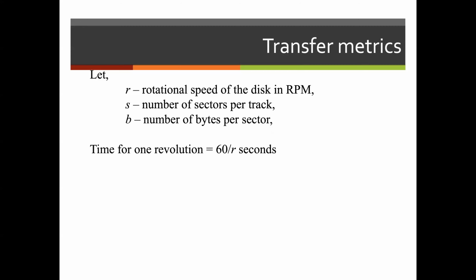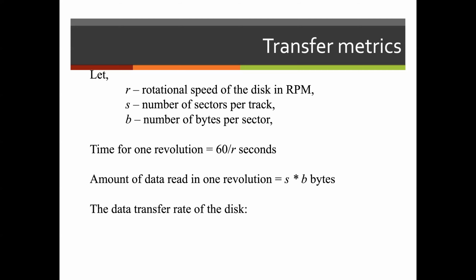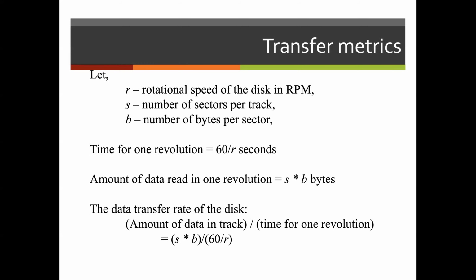And so the time for one revolution is 60 divided by R. The amount of data read in one revolution is going to be S times B bytes. The data transfer rate of the disk is going to be the amount of data in a track over the time for one revolution. And the data transfer rate is going to be S times B times R divided by 60 bytes per second.